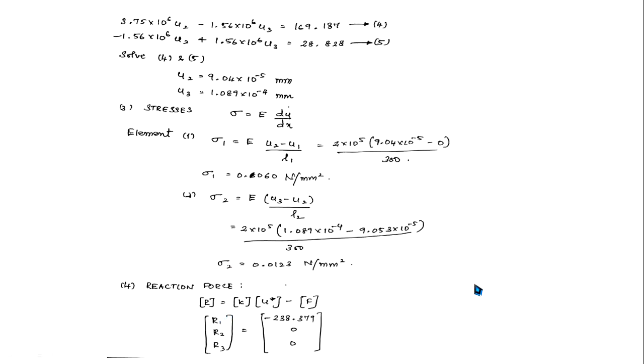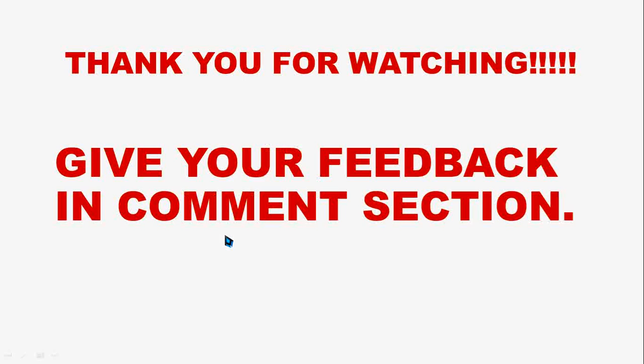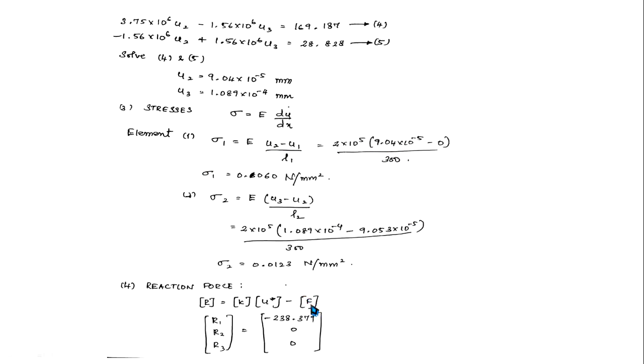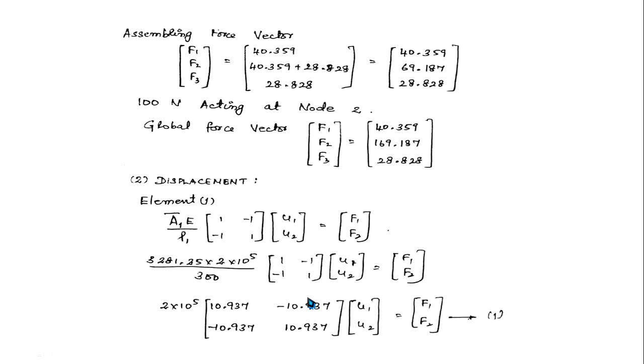Now the reaction force. This is the formula, K into U minus F. You can directly do it. It's very, very simple. u1, u2, u3, where u1 is 0, this is your K matrix, minus F, which is the very first step you have to calculate.